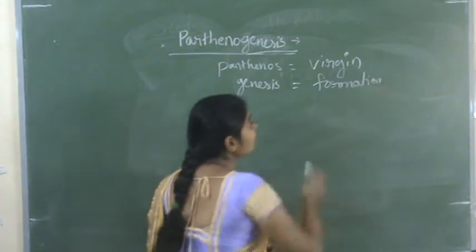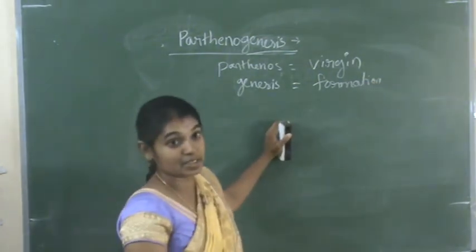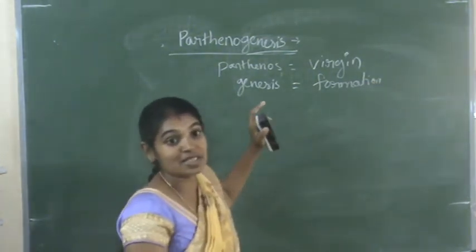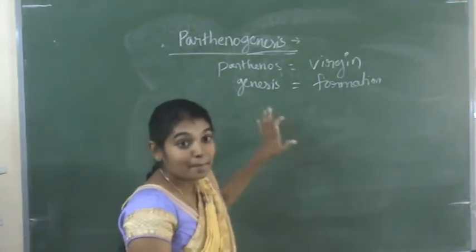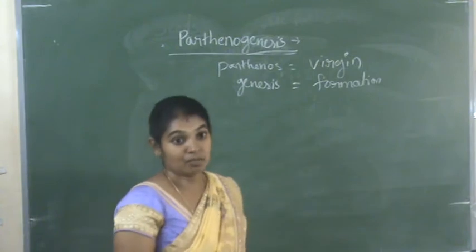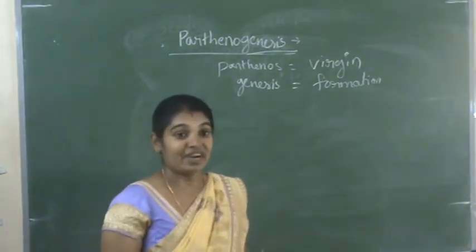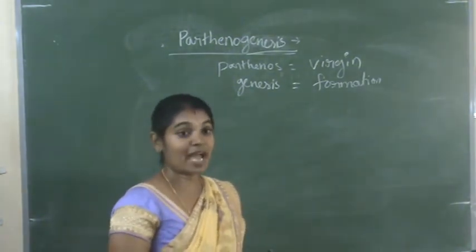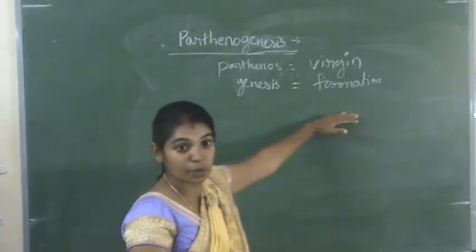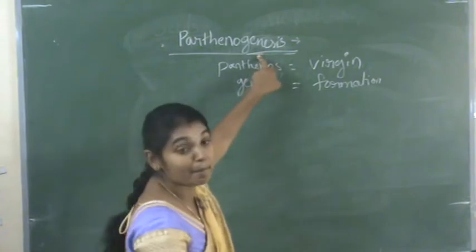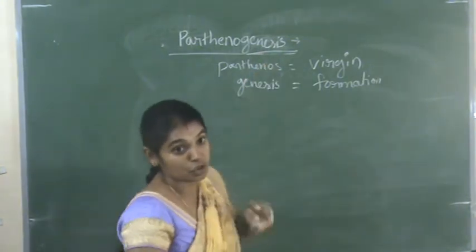Here two different things we have to discuss. Parthenogenesis is when offspring are produced without fertilization. Without gamete fertilization, fusion of gametes does not take place, but the offspring is produced. Such a method is called parthenogenesis.